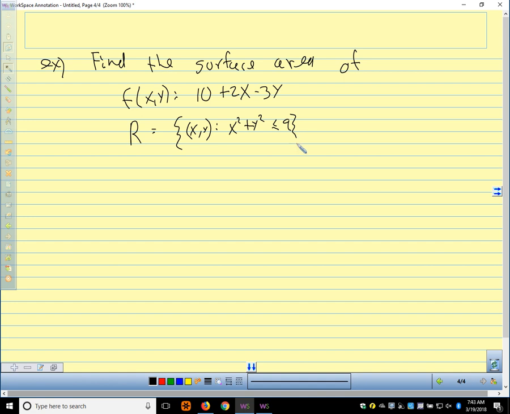That's how you read that: the region is all x, y so that x squared plus y squared is less than or equal to 9. The colon means so that or such that.